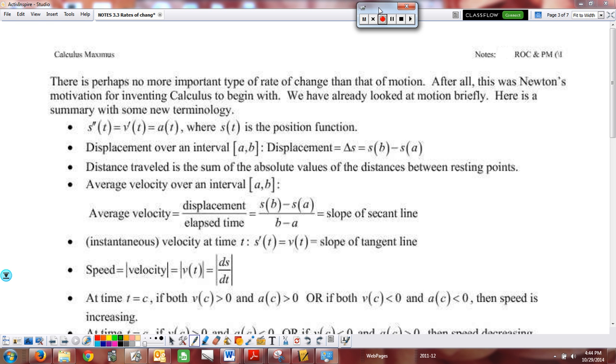All right, now some terminology. We've been talking about this all along, so they're just making sure that everybody is kind of straight. S of t is going to be our quantity function, all right? And our quantity is referring to a position, whether that's the height of a ball, or it doesn't actually have to be position.